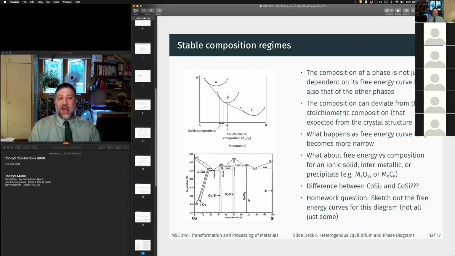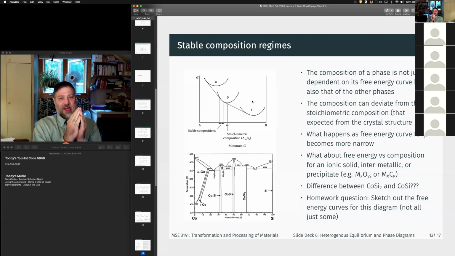So when you have something that has a highly ionic character, like these intermetallic compounds, if I have an ionic compound, I need to maintain charge neutrality, right? And so if I change my composition, now I violate charge neutrality, and I have a huge energy penalty for that.